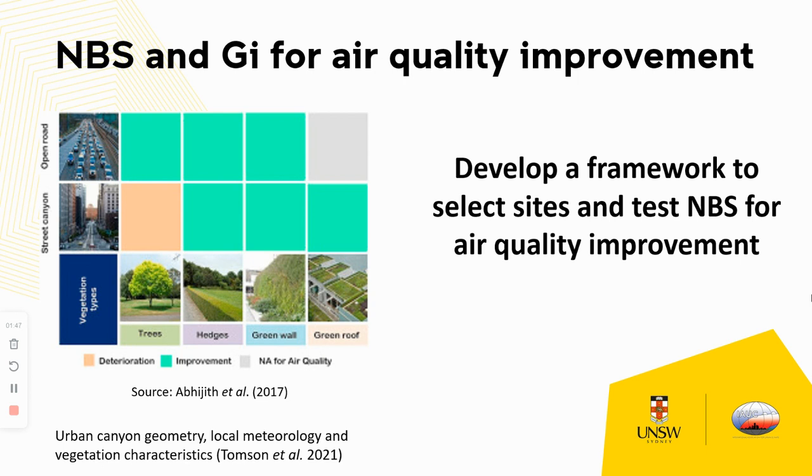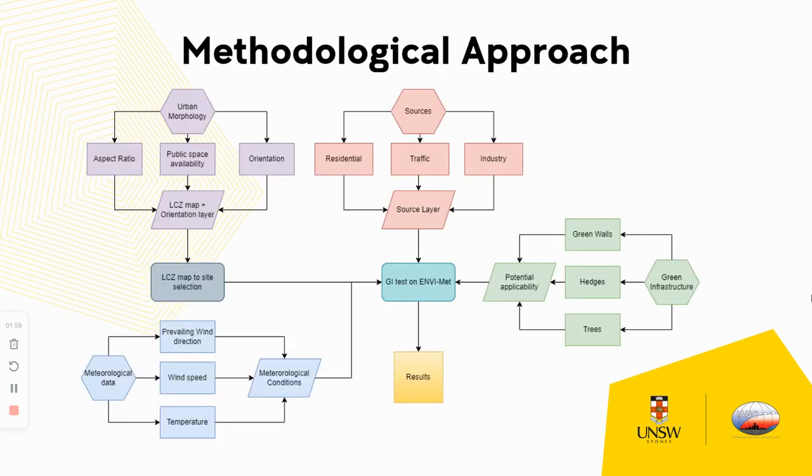So this is the basis on which we are looking at different types of vegetation and different types of street canyons. So this is the workflow. The main change here is that we are not using the LCZ process that WUDAPT has put together.